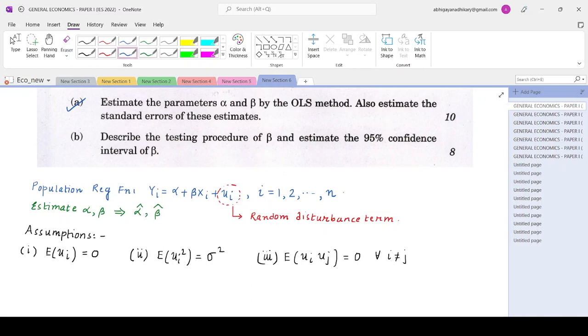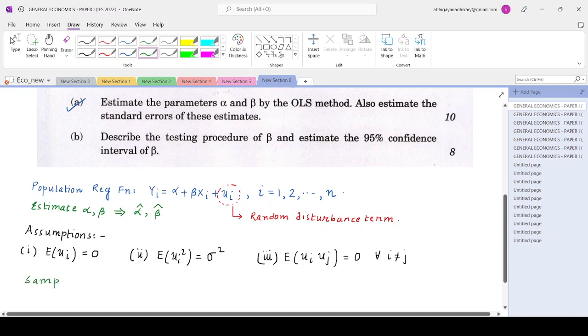So now after we take this, what will be the estimated regression function, which is the sample regression equation? Therefore the sample regression equation will be yi hat.